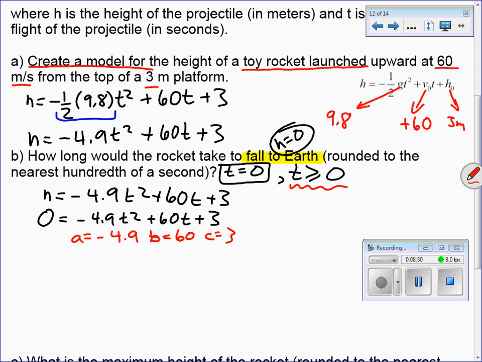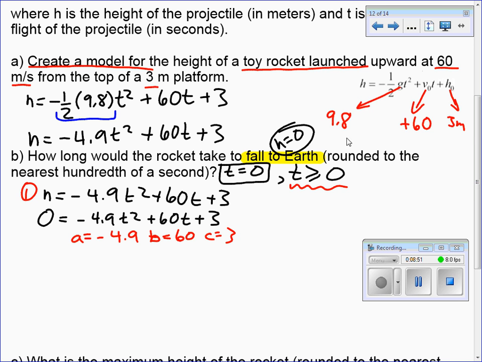So now we're going to use my favorite calculation. You could either take this and try to factor it or use completing the square in this equation here, or you just go straight to the quadratic formula.